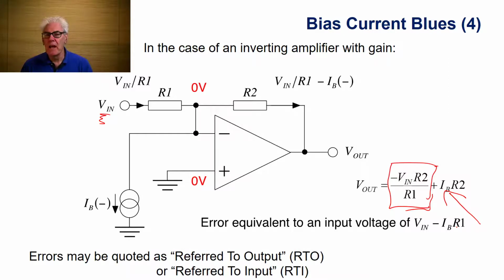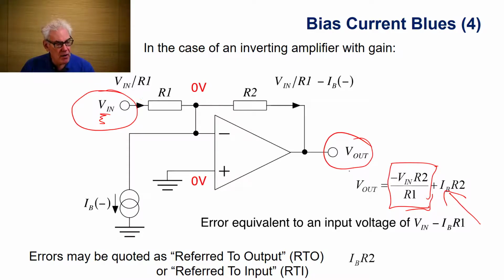This gives rise to an important concept. We can state errors referred to the output of an amplifier, or we can state them referred to the input of the amplifier. And it depends which way we want to state them in order to make our analysis of the circuit more straightforward. If we talk about the error at the output of the amplifier, it is IB times R2.